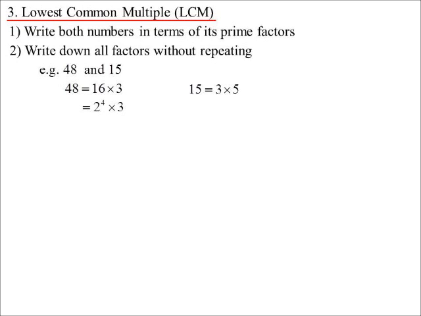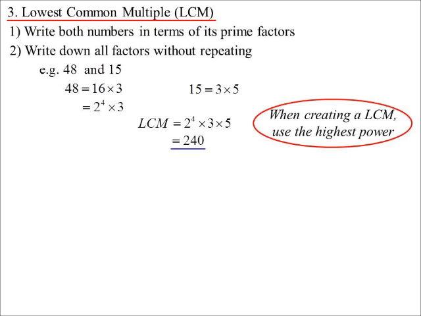So we want all the factors that are there without repeating them. That's similar to when we're finding our what? Yeah. Because we don't call it just a common denominator, we call it the lowest common denominator. So in fact it is actually the lowest common multiple we are finding in the algebra. 240 that one turns out to be.